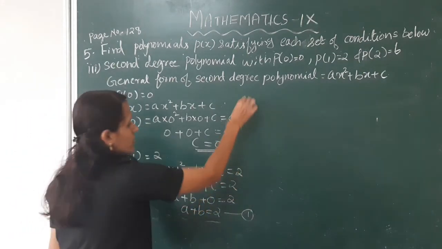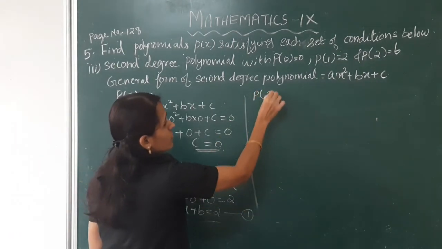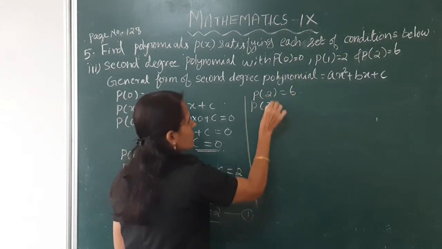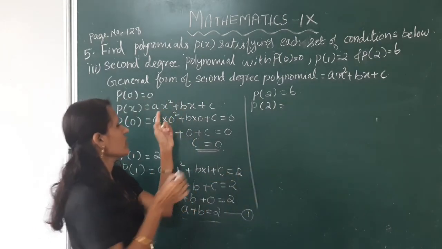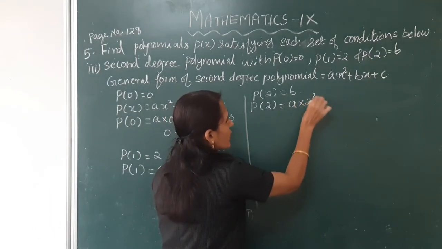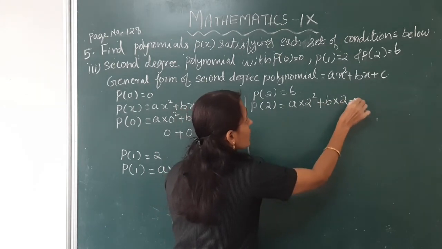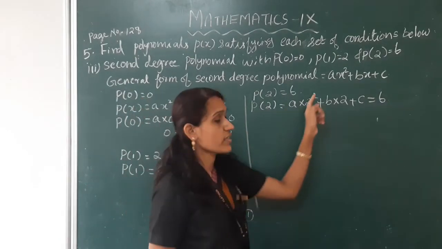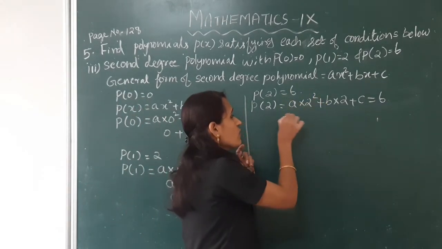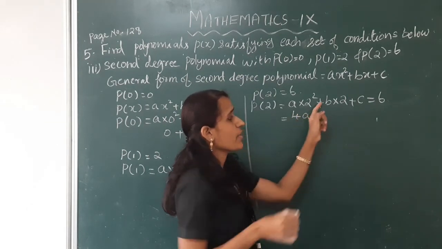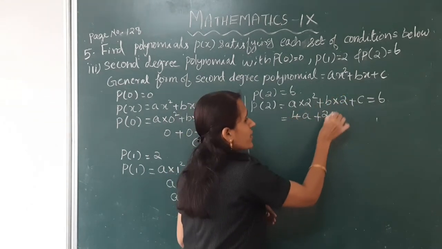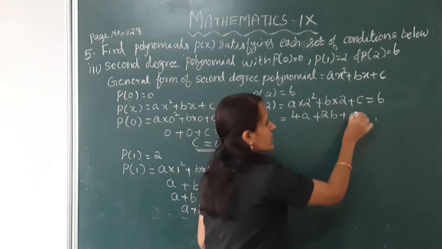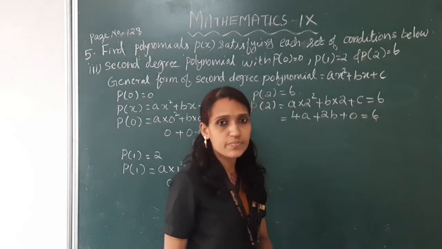Okay, next p of 2 is equal to 6. P of 2 is equal to, substitute here a into 2 square plus b into 2 plus c is equal to 6. 2 square is 4. 4 into a, 4a, plus b into 2, that is 2b, plus c is 0, is equal to 6.